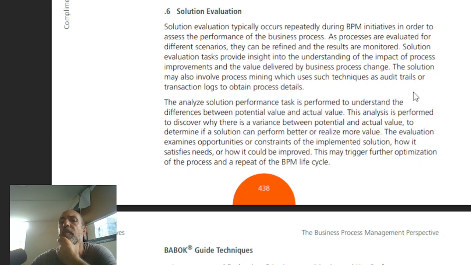Solution evaluation tasks provide insight into the understanding of the impact of process improvements and the value delivered by business process change. The solution may also involve process mining, which is a technique that uses audit trails or transaction logs.